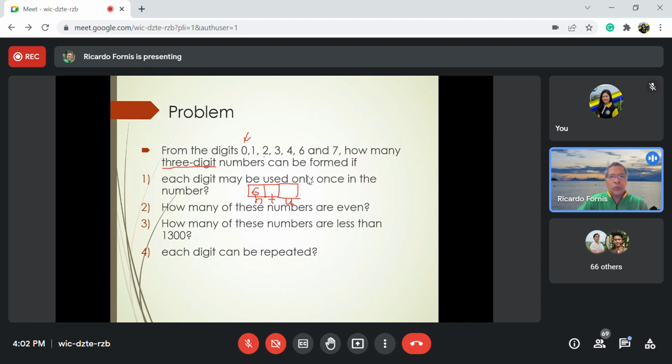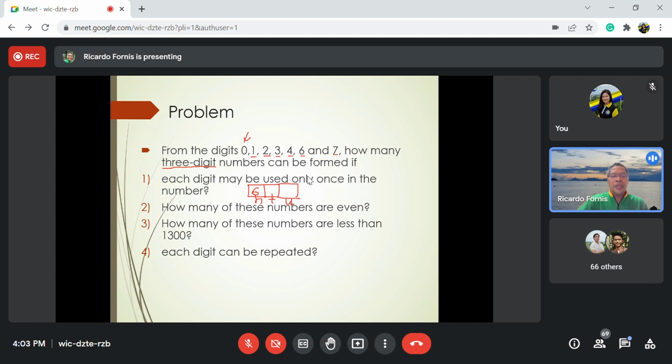It could be 2, meaning a 3-digit number starting with 2, or 3, 4, 6, or 7. So there are 6 possibilities of assigning a number as the hundreds digit: 1, 2, 3, 4, 6, and 7.